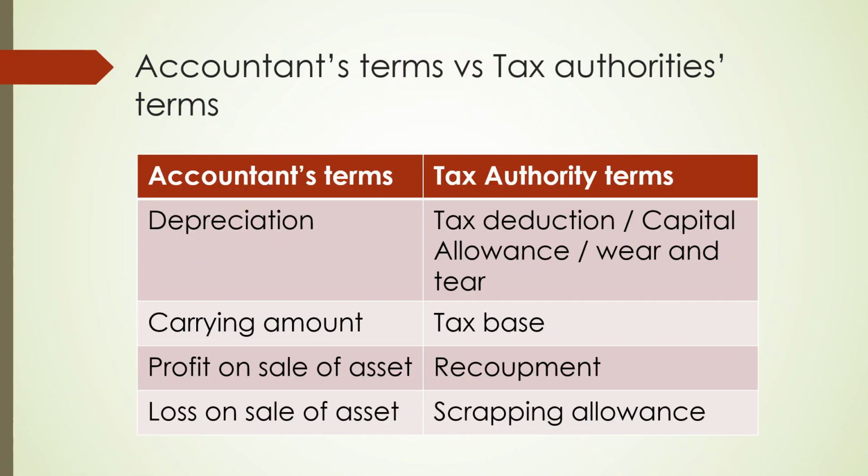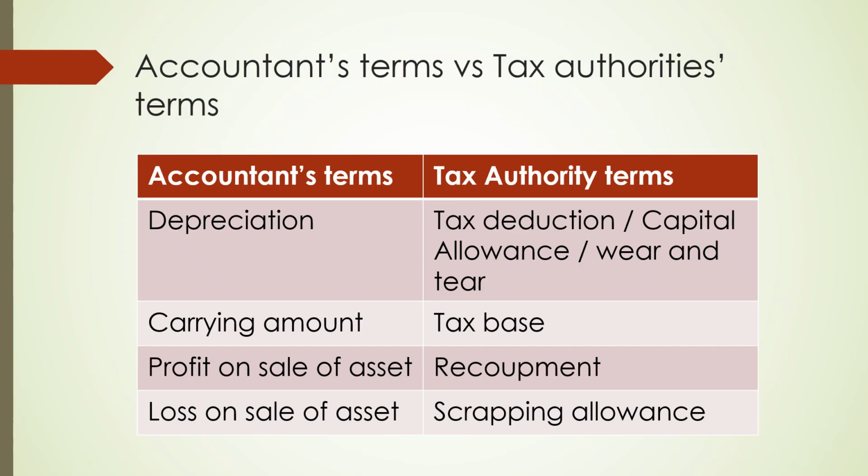Before moving on, let us learn about terms used by the accountant versus those used by the tax authorities. The accountant will use the term depreciation, while the tax authority would use the term tax deduction or capital allowance or wear and tear allowance. The accountant uses the term carrying amount, while the tax authority uses the term tax base.